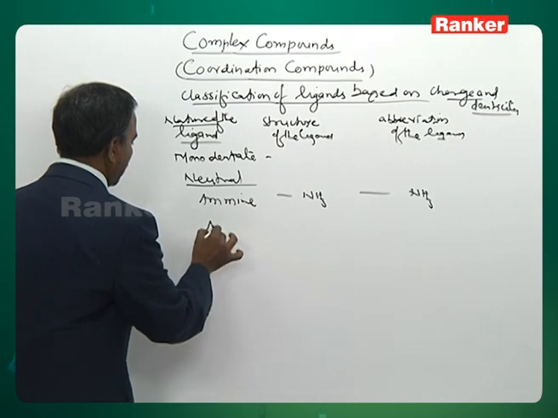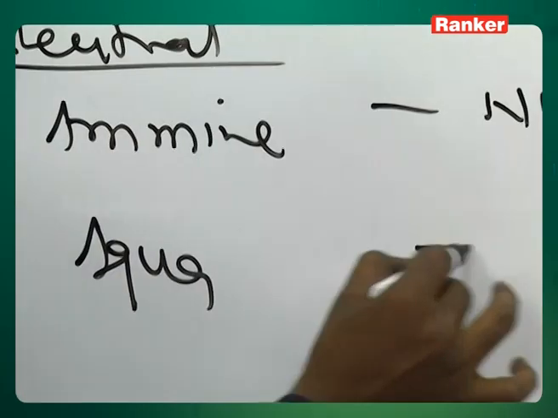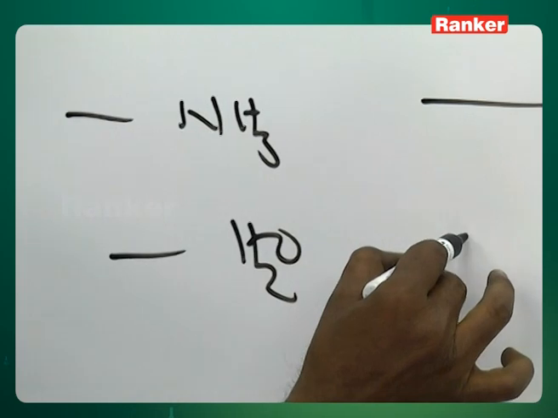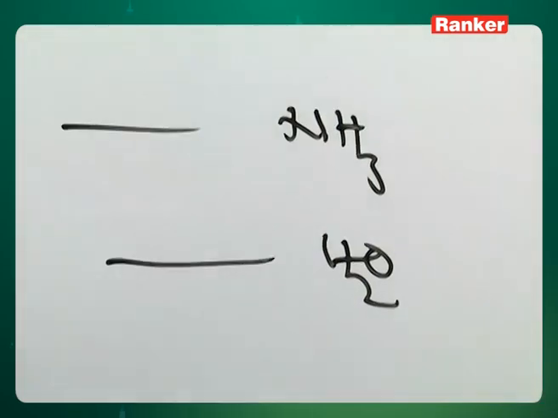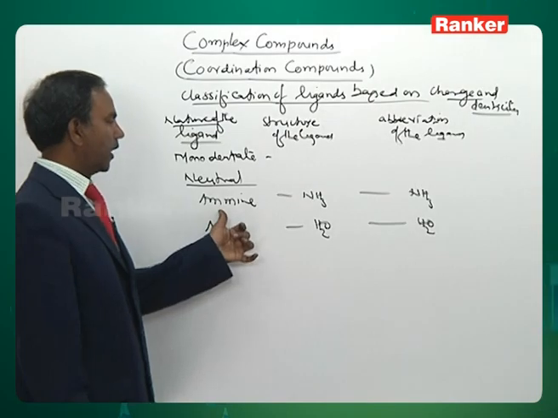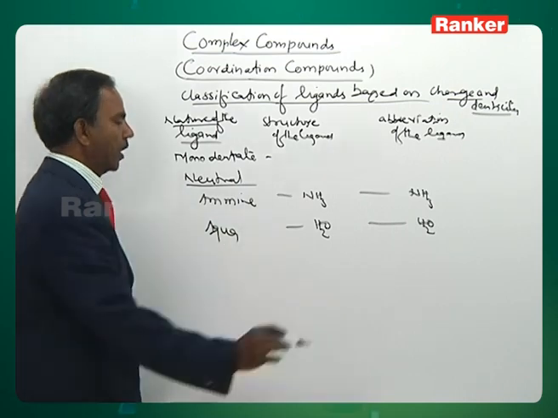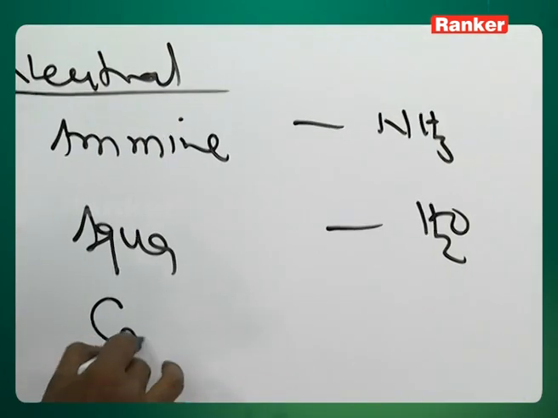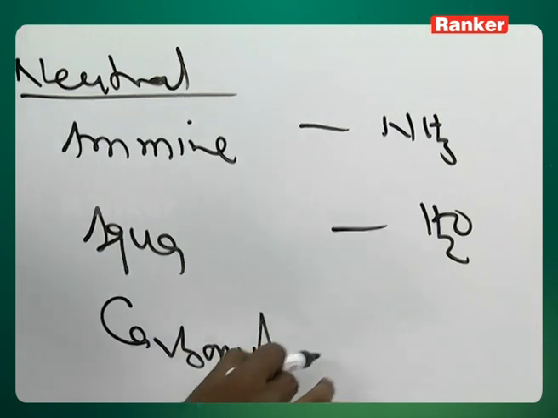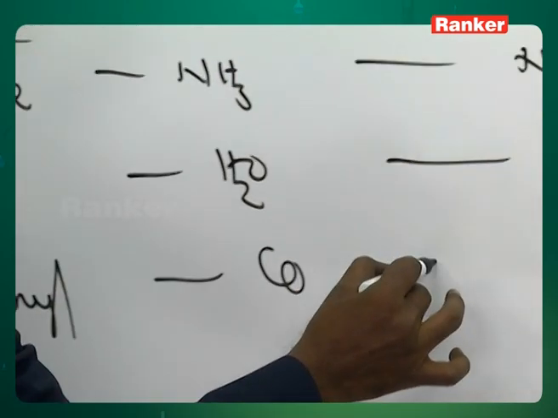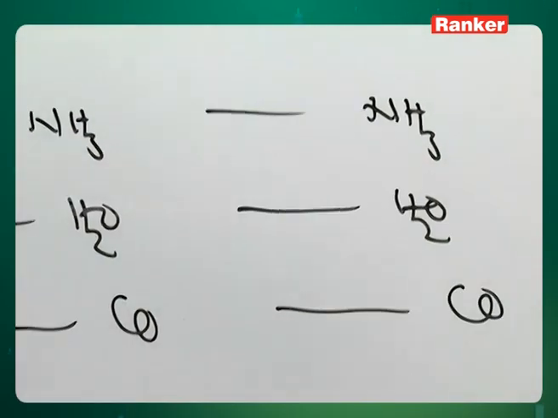Second one, aqua ligand. Aqua is nothing but H2O, and it is shown as H2O. Next let me write carbonyl. Carbonyl ligand is CO, represented simply as CO.